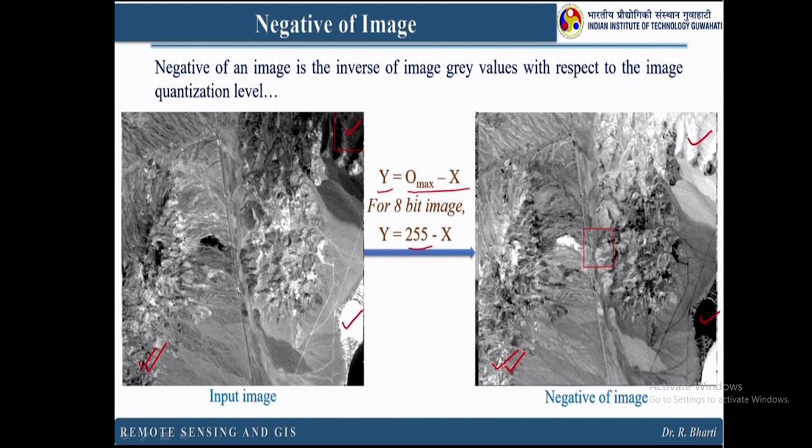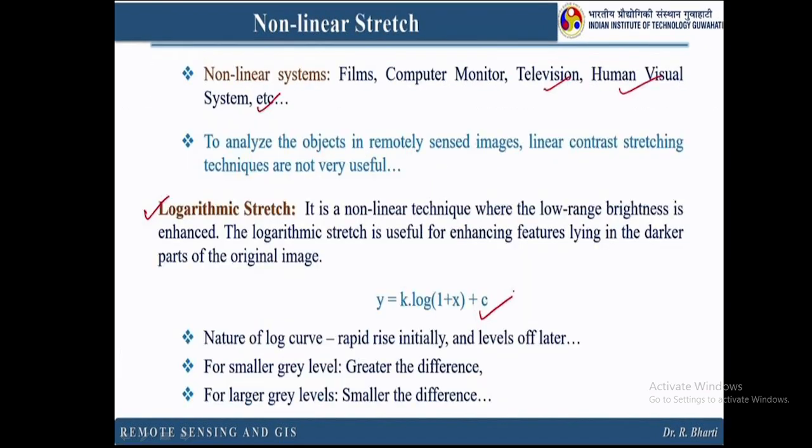For an 8-bit image the maximum value is 255, and the x value is thus represented by the negative image.